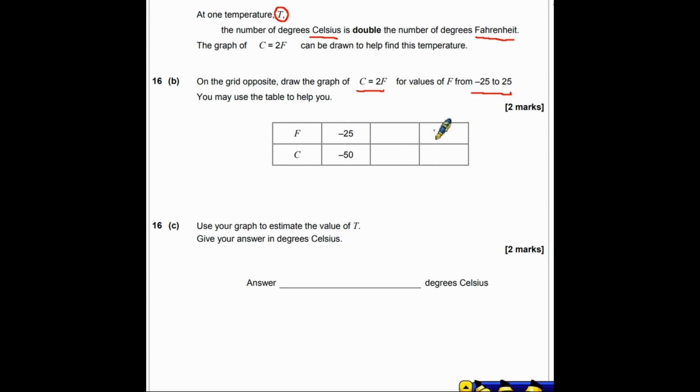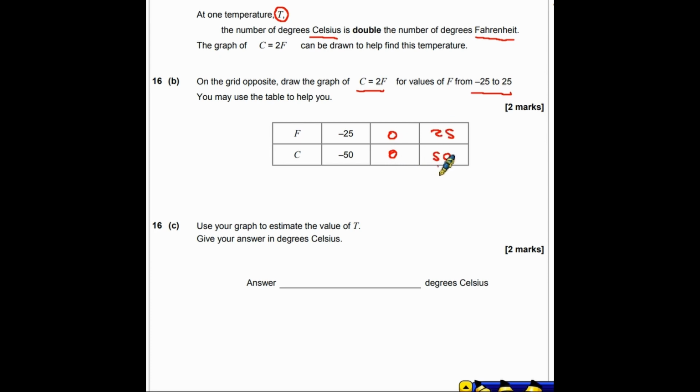If we go to the other extreme, where Fahrenheit is plus 25, 2 times 25 is plus 50. And I guess you could use the center point here by putting in the halfway point. If Fahrenheit is 0, then 2 times F is also 0. So we have these coordinates. We have minus 25, minus 50, 0, 0, and 25, 50.